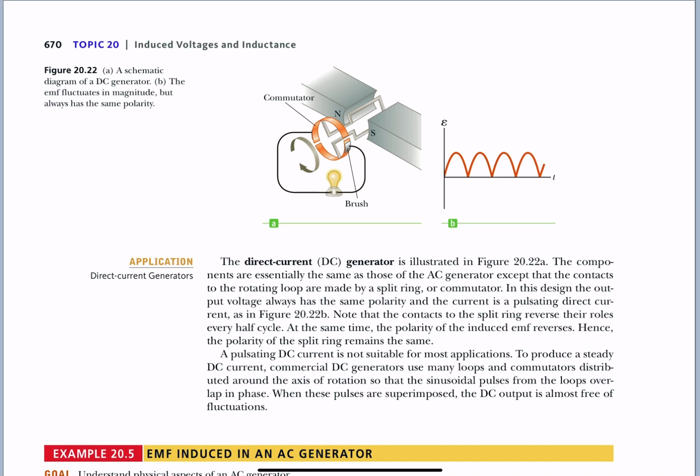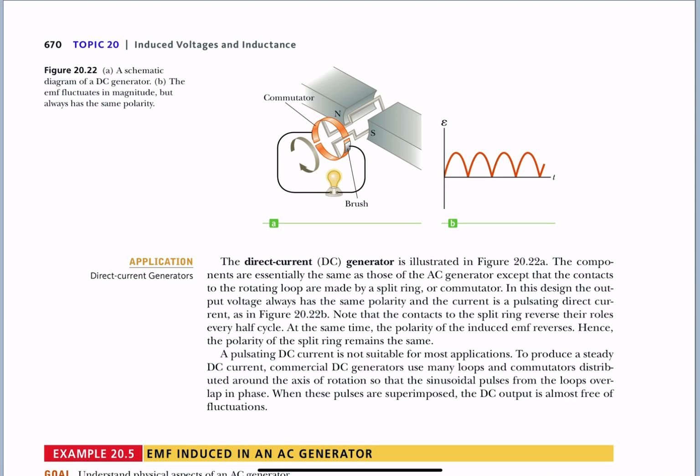Now, if we wanted to create a direct current generator instead of an alternating current generator, DC instead of AC, we need those split rings in the commutator like we had way back with the motor in the previous chapter.